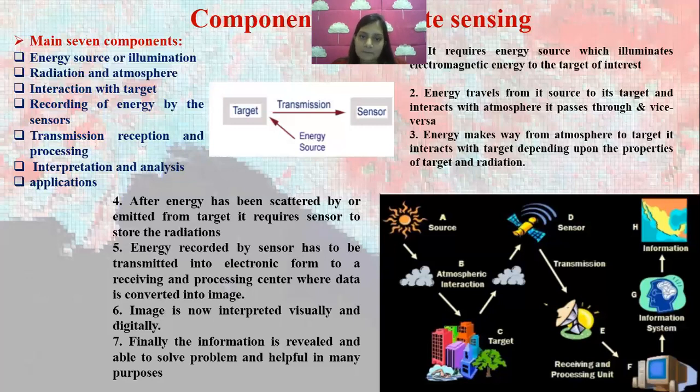The atmosphere only. But yes, we have made our sensor in such a way that the minimum amount of energy, the minimum amount of data taken from the target, will be destroyed, right? Yes, the satellite which is shown here. See, at position D, the alphabet D, sensors are shown.